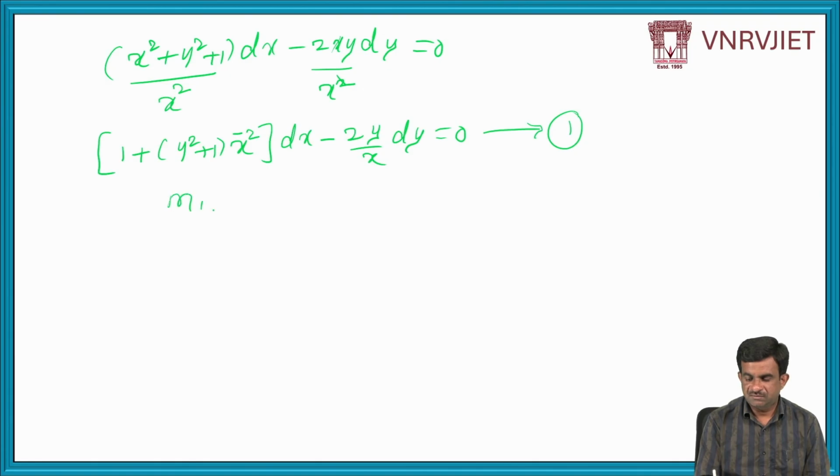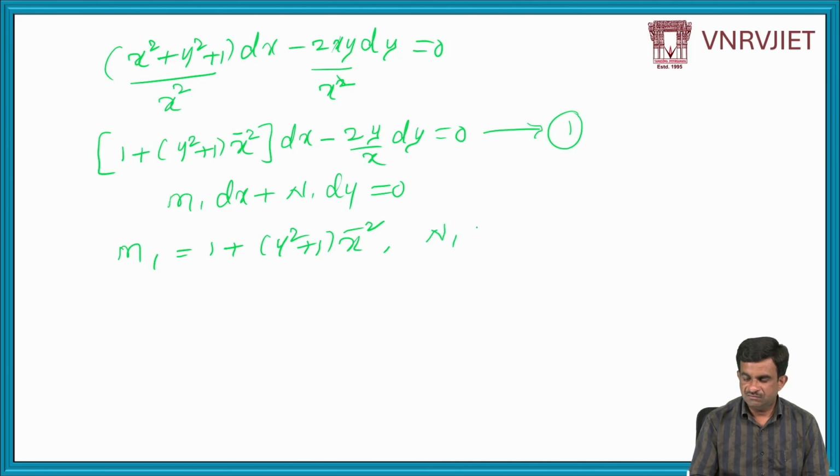This is in the form M1 dx plus N1 dy equal to 0. Here M1 is equal to 1 plus (y square plus 1) into x power minus 2, and N1 is equal to minus 2y by x. So definitely we will get dou M1 by dou y is the same as dou N1 by dou x.